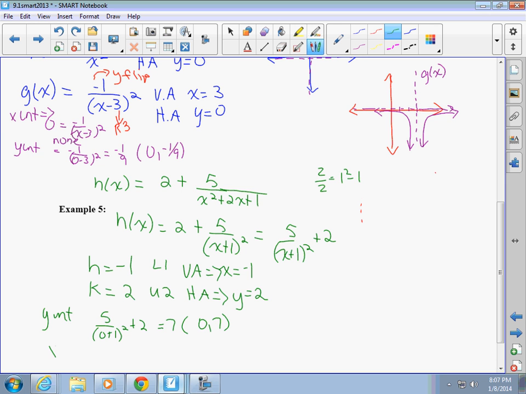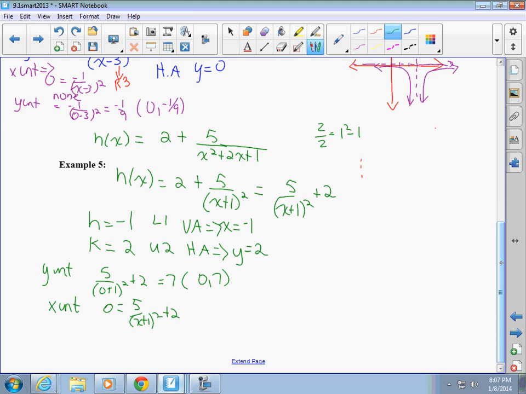My x-intercept, I have 0 is equal to 5 over (x plus 1) squared plus 2. So if I move my 2 over, I'll finish it over here, -2 is equal to 5 over (x plus 1) all squared. Well, that's going to give me some really wild numbers.